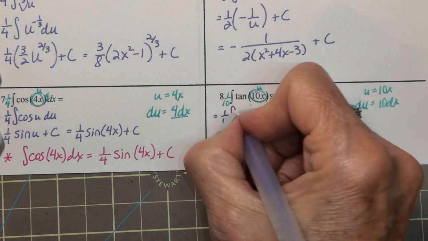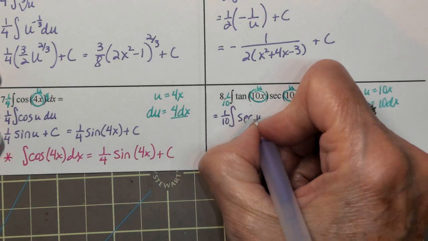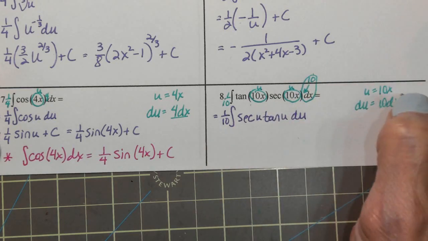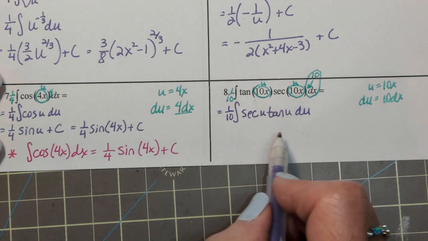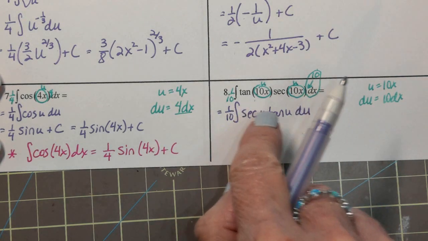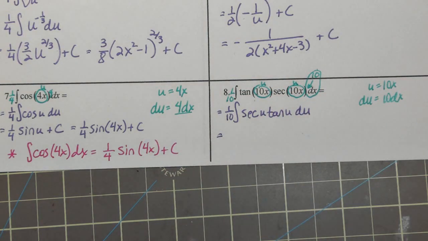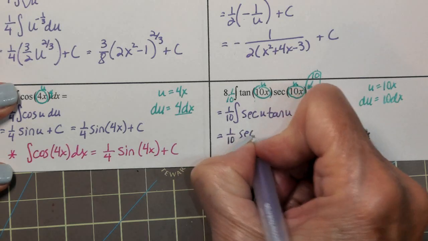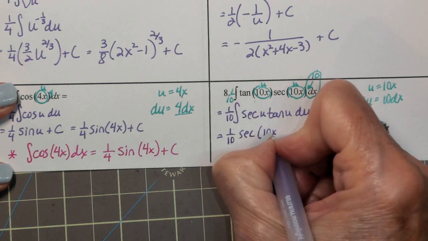I like to see secant first. It doesn't matter, but I like to see secant first. Secant u, tangent u, du. Right? And I know a function whose derivative is secant u tangent u, and it is secant u. So this is just 1/10 secant of u, and u is 10x.